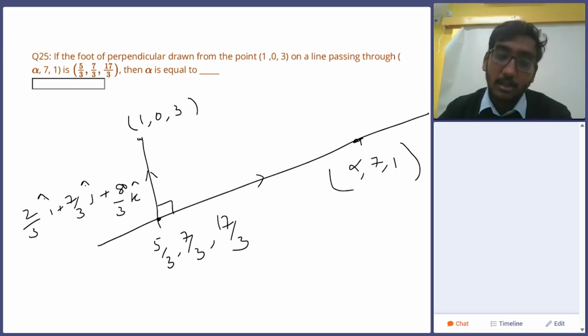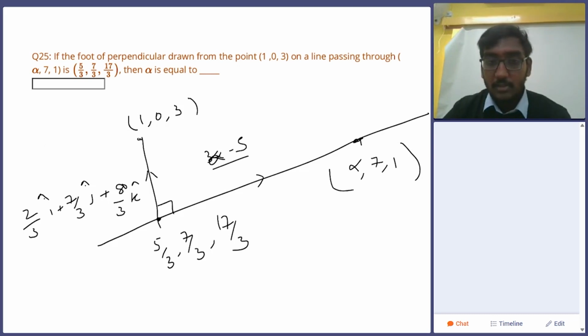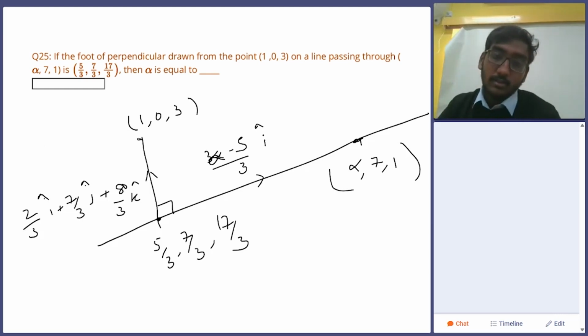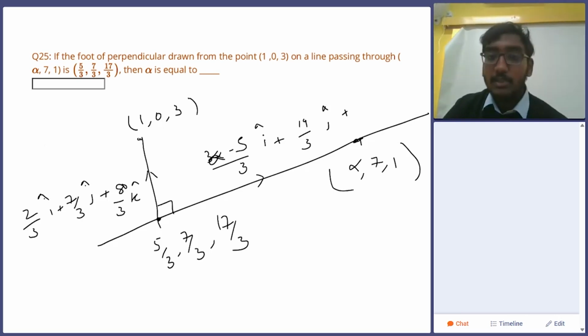It will be (3 alpha minus 5) by 3 i cap, likewise plus (21 minus 7) that is 14 by 3 j cap, plus 1 minus 17 by 3, that is minus 14 by 3 k cap.